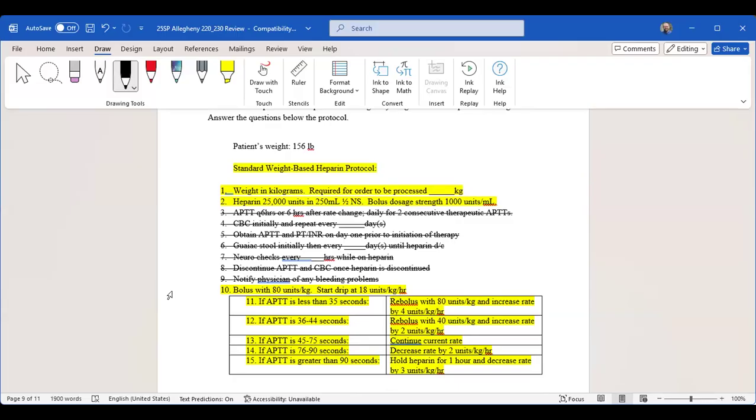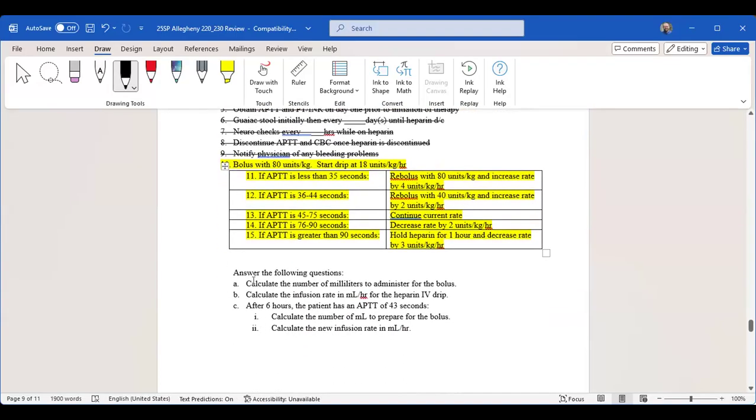And over the years, especially for second or third semester students, the question is, do I fill in all these blanks? And the answer is no. You're just going to be answering the questions, and the questions you're answering are found at the end of this. You're going to calculate a bolus and you're going to calculate an infusion rate.